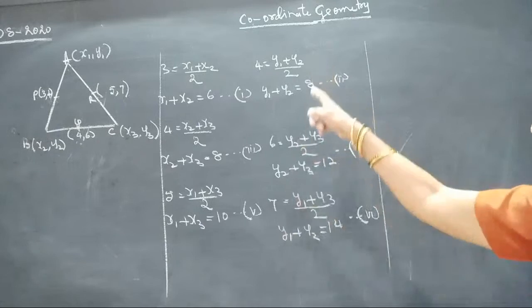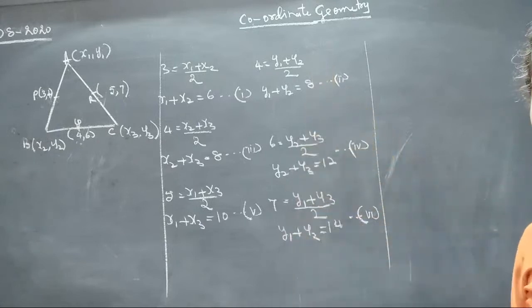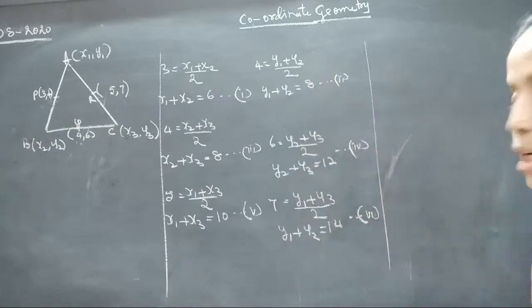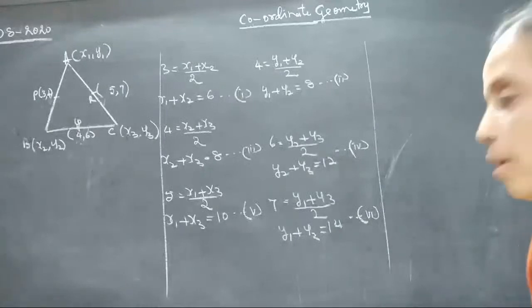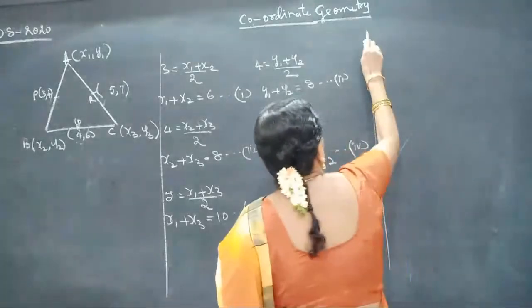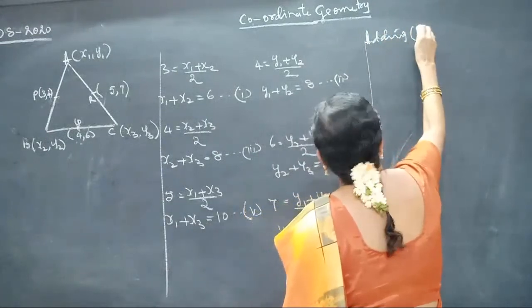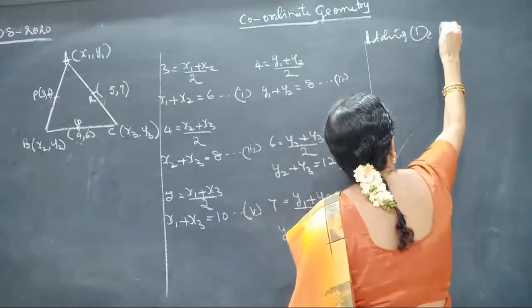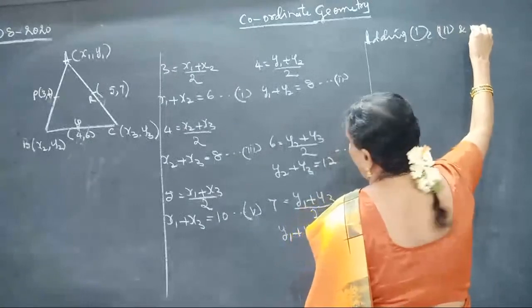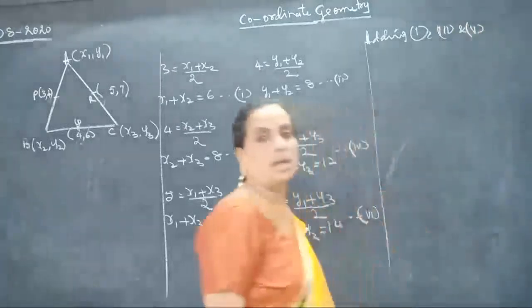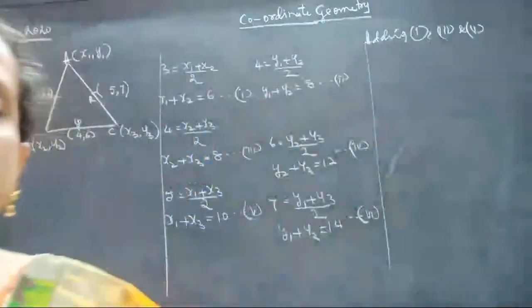Now we add all the x condition equations and y condition equations separately. So here I go, adding equations 1, 3 and 5.